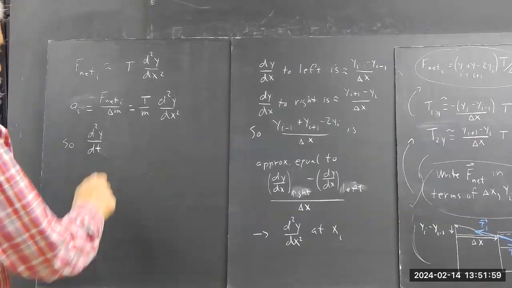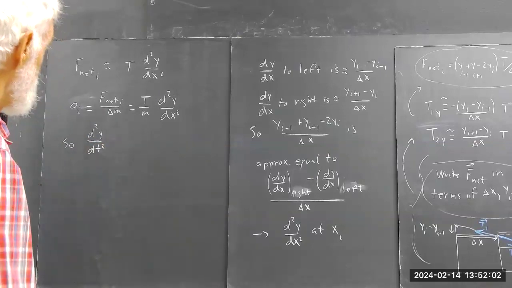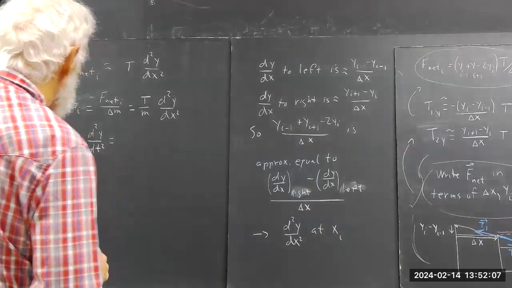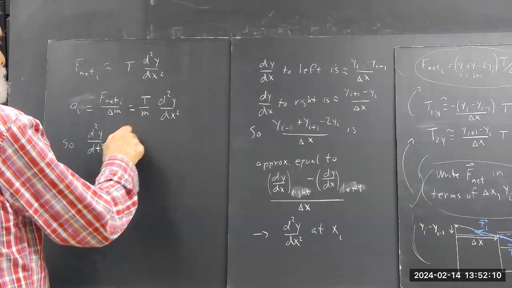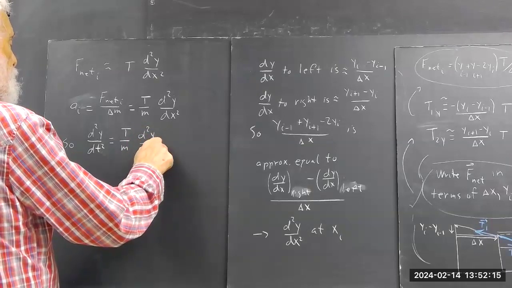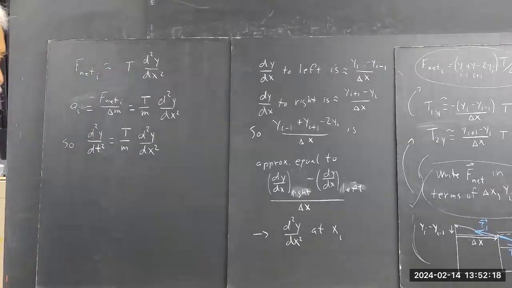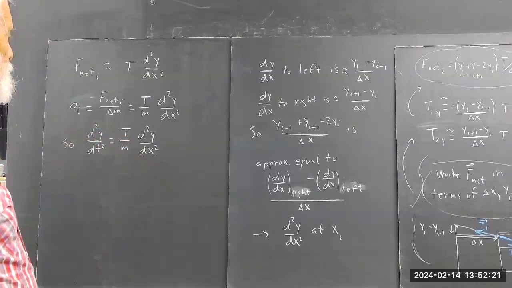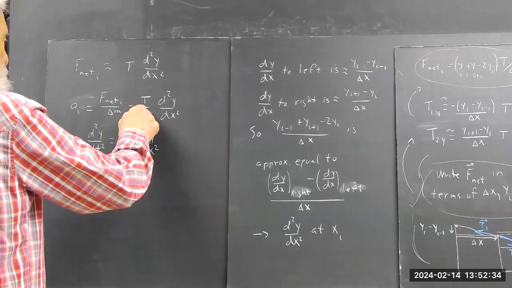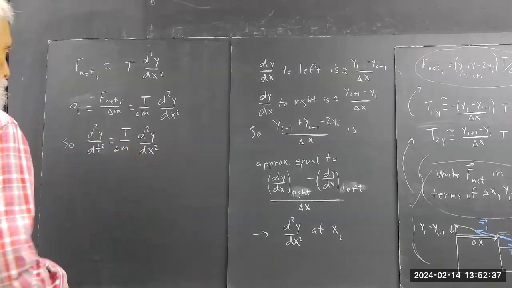So the second derivative of y with respect to t equals tension over mass times the second derivative of y with respect to x. Tension over the delta m.